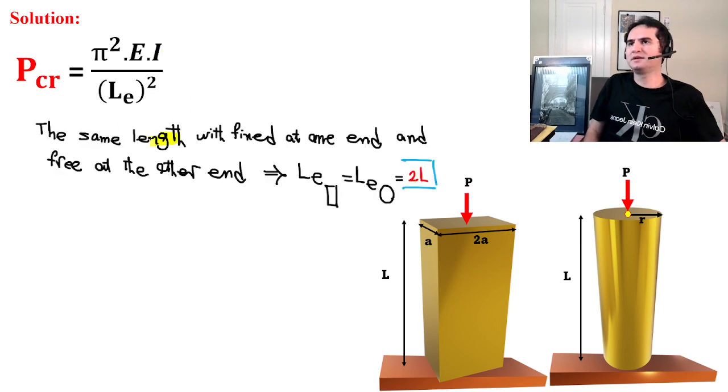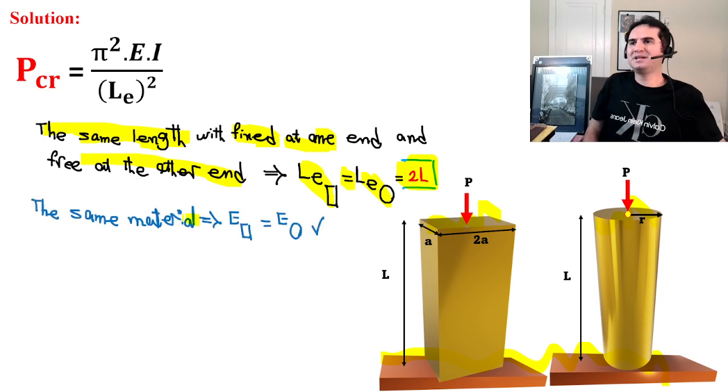Their length is the same, and they are fixed at one end and free at the other end. So the effective length of both of them is identical, because they have the same length and the same boundary condition, fixed at the bottom and free at the top. It goes by 2 times the original length of the columns.